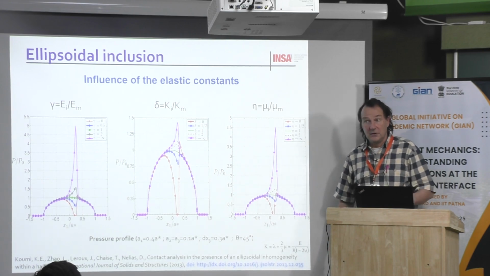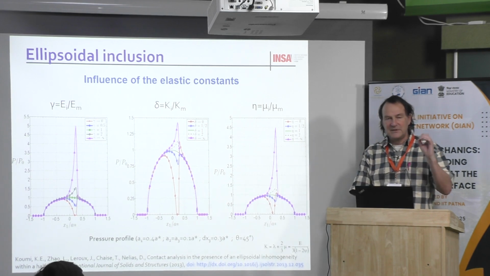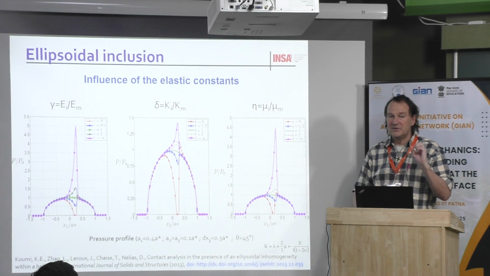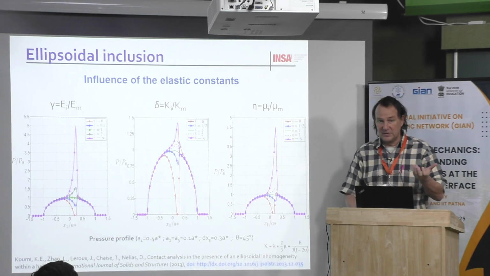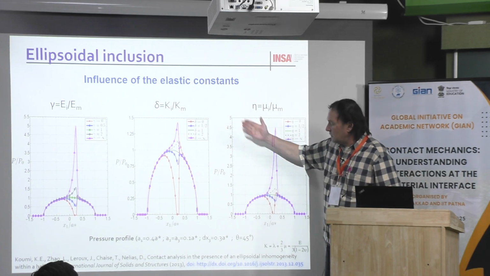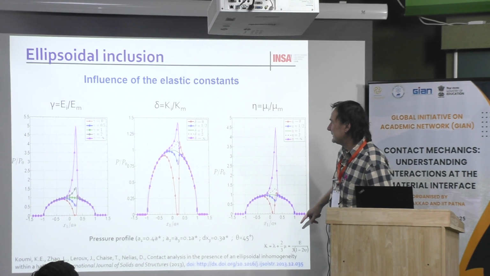Okay. Then again, for example, you can have a cavity with some oil inside or with some water. If you assume that the water is incompressible, it will behave like that. Or it can be a rubber part, which is incompressible.